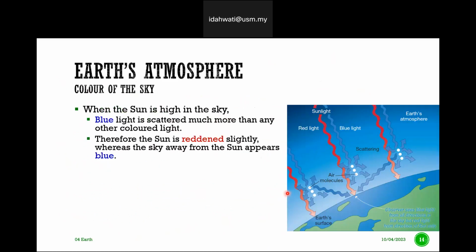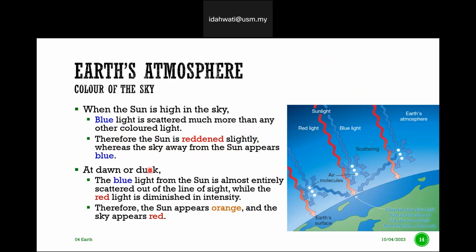So when the sun is high in the sky, blue light is scattered much more than any other colored light. Therefore, the sun is reddened slightly, whereas the sky away from the sun appears blue. For dawn or dusk, the blue light from the sun is almost entirely scattered out of the line of sight, while the red light is diminished in intensity.